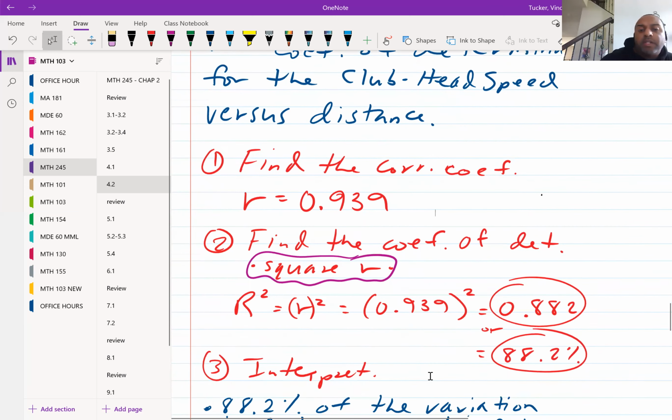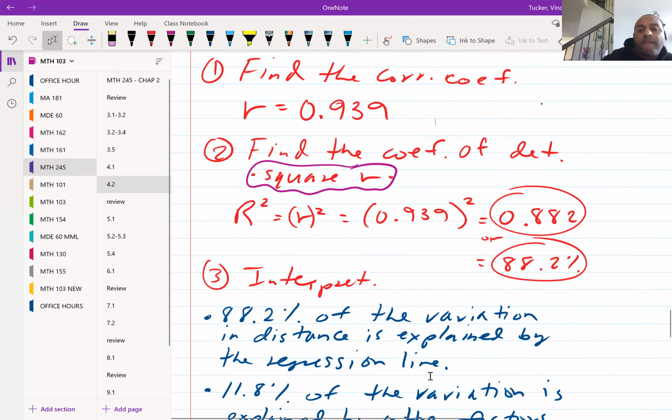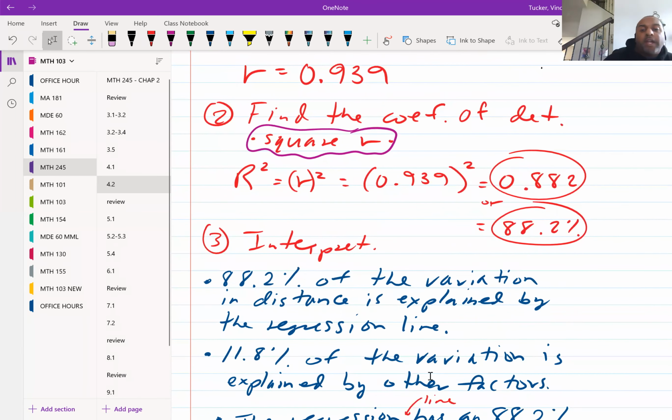All right. So now the interpretation. 88.2% of the variation in distance is explained by the regression line. Subtract that from 100, that gives you 11.8% of the variation explained by other factors. So other factors could be wind. I don't know, maybe your golf ball hits a bird, something along those lines.